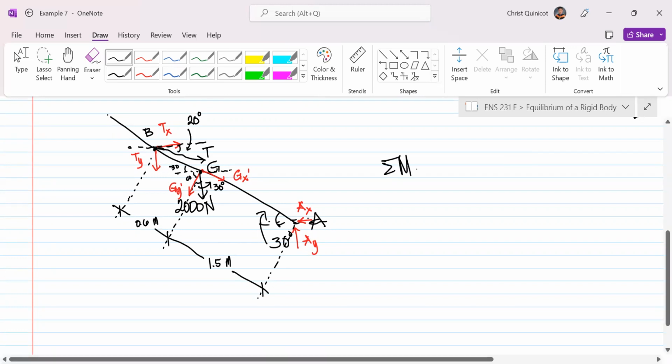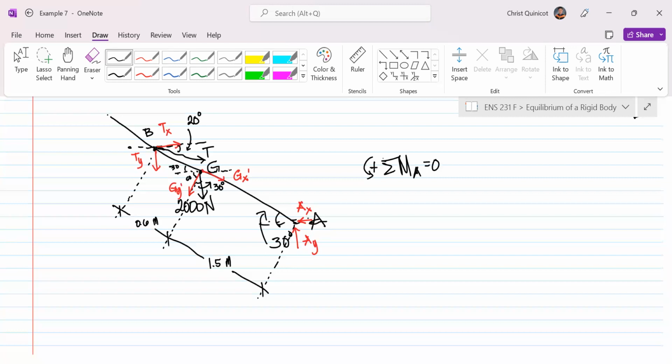So we do summation of moment about A equal to 0, assuming counterclockwise is positive. T sub Y causes a counterclockwise moment about A, so this is positive. Now T sub X causes a clockwise moment, so minus.